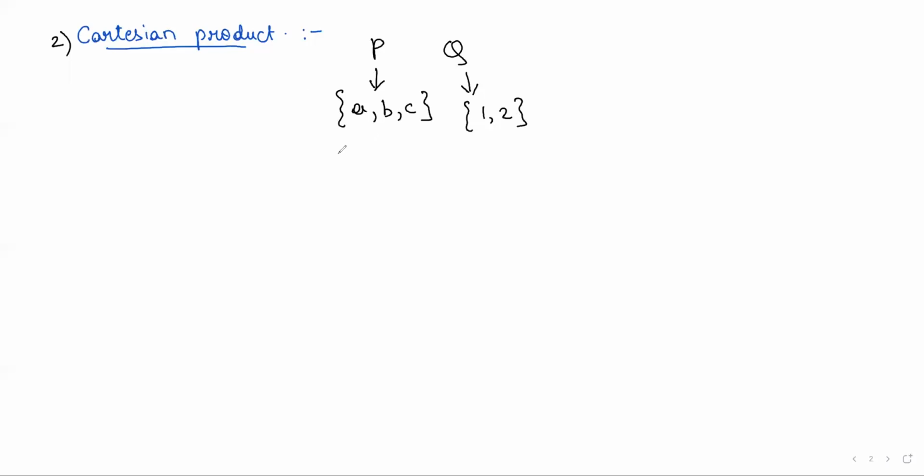Let us consider small p belongs to capital P. This small p is a variable given to the elements of P. P can hold any of the values A, B, or C. Similarly, small q belongs to Q. Small q is a variable given to any element of the set Q. So q is equal to 1 or q is equal to 2.